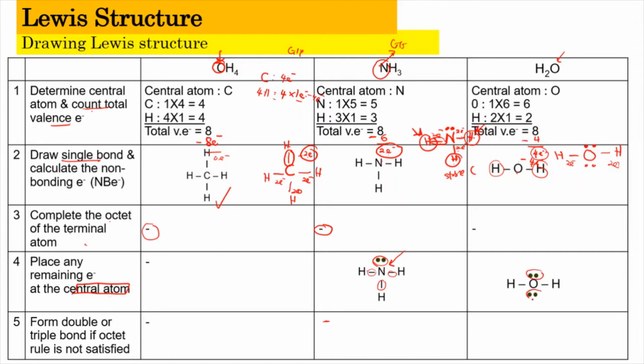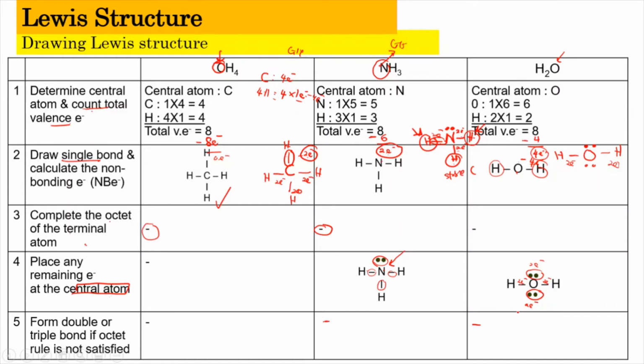As you can see, the oxygen will have 8 valence electrons, which is 2 electrons here, 2 here, 2 here, and 2 here. So it has 8 valence electrons surrounding the oxygen, which is an octet electronic arrangement.